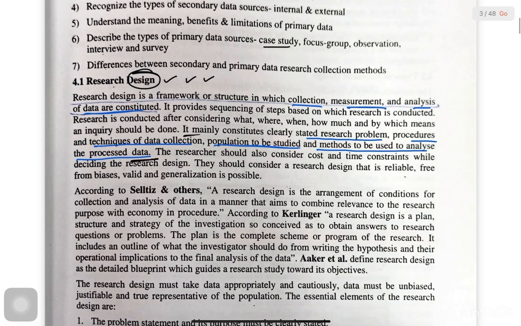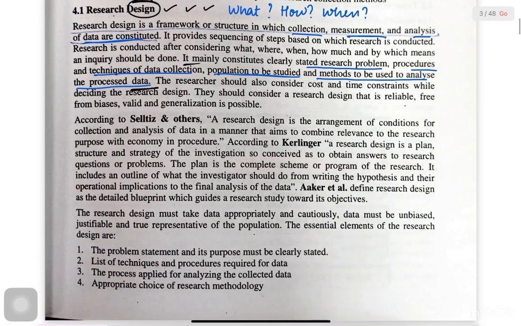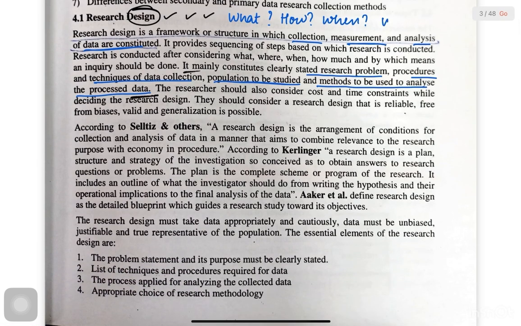So the research design tells us what we are going to do, how we are going to perform our research, when it is to be done, and by what methods and techniques we are going to do it, right? The why question is also answered here in the research design. The researcher should also consider cost and time constraints while deciding the research design.